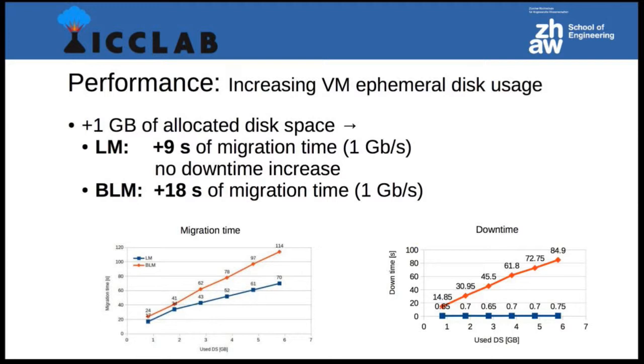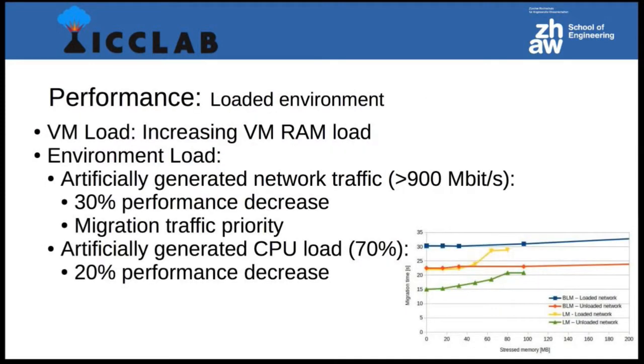We also tried to add some additional data on the ephemeral disk, and in our case, with each allocated gigabyte of the disk of the VM, it took 9 more seconds to migrate for live migration, and for the block live migration, it was approximately 18 seconds. Downtime stayed the same all the time for the live migration, and you can also see that for the block live migration, the downtime also increases with the migration time.